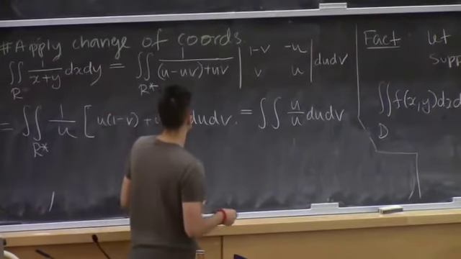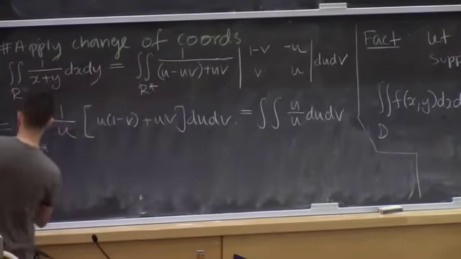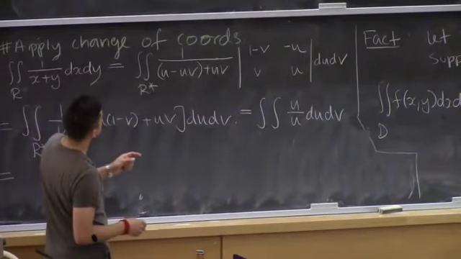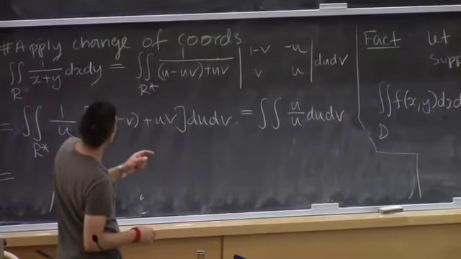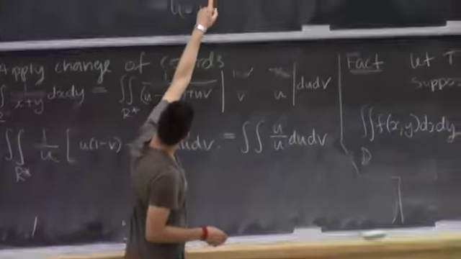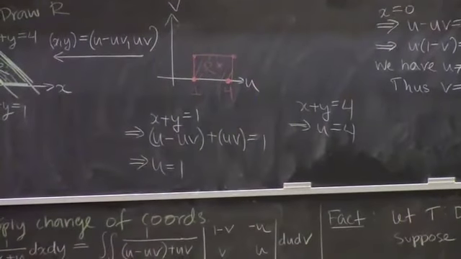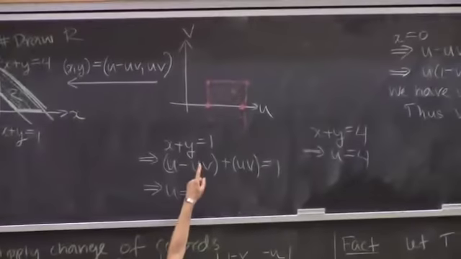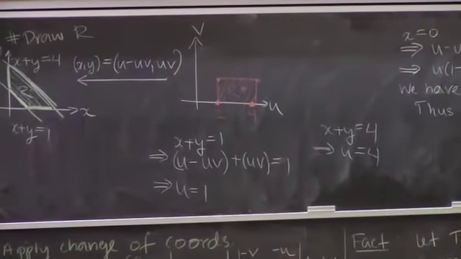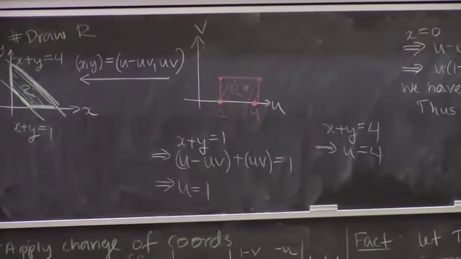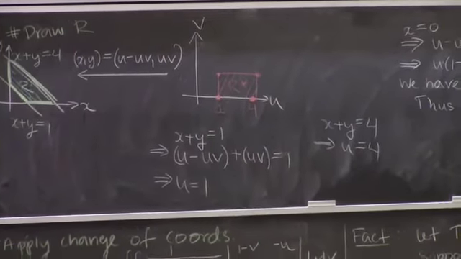So our bounds from R star are over here. So we go between 0 and 1 in the v-axis, and between 1 and 4 in the other axis.